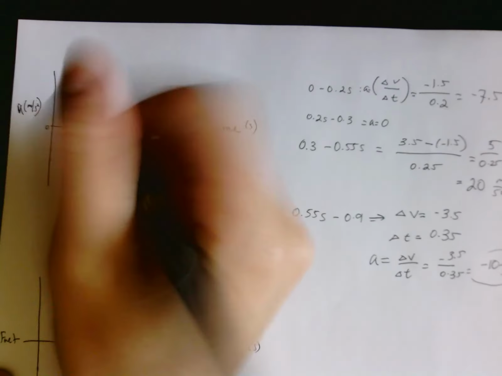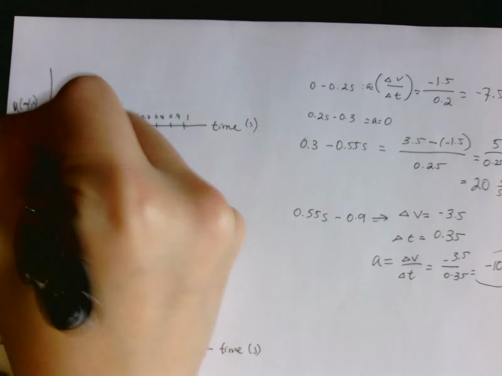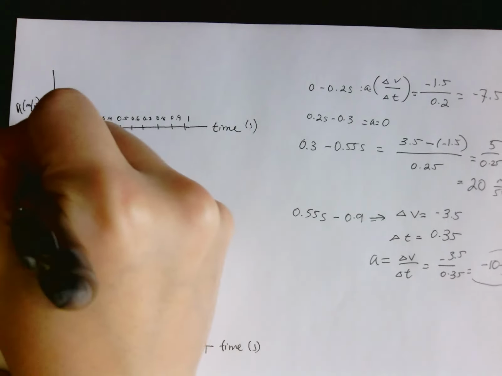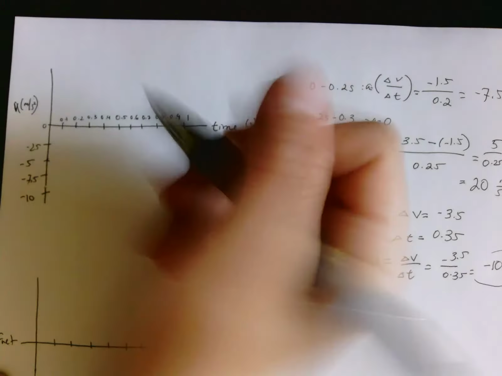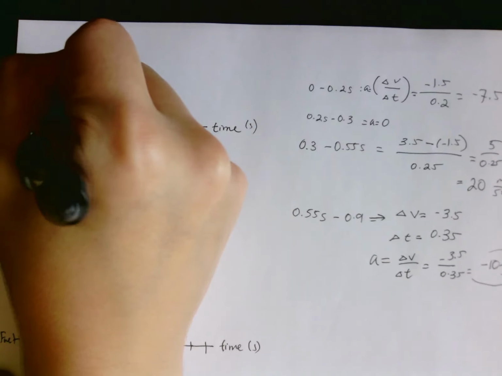We're just filling in the increments right here, and a good increment to use would be 2.5.